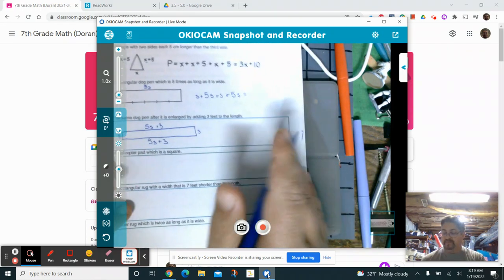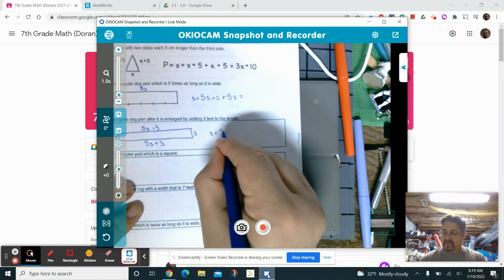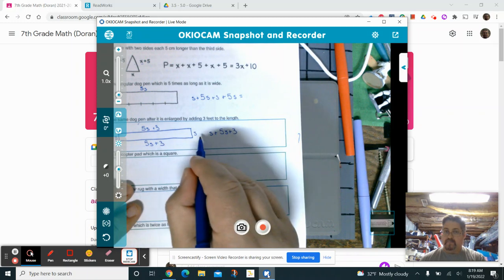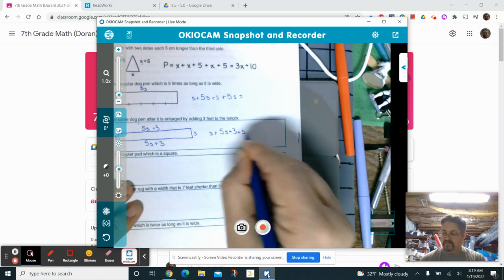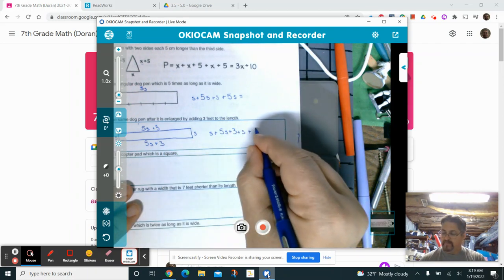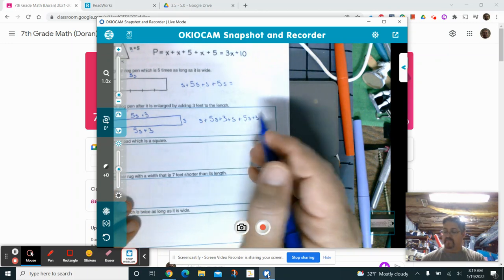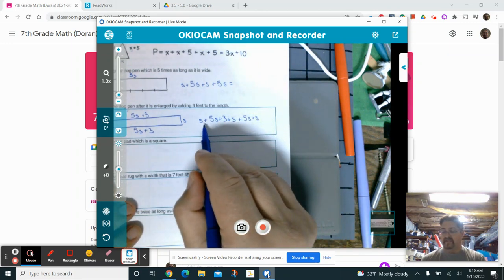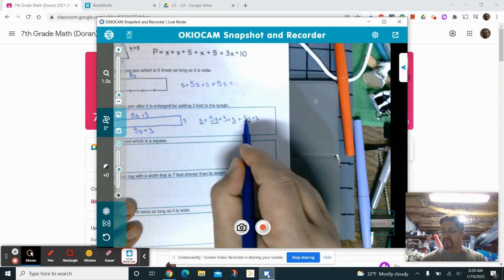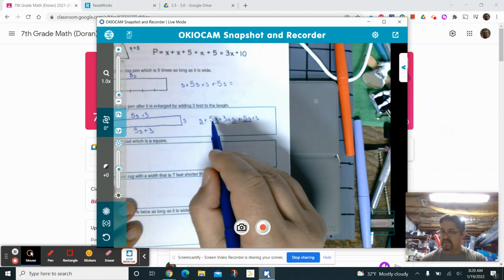Now when we add this up, we get S plus 5S plus 3 plus S plus 5S plus 3. Okay. When we go through, we just count up our S's, right? S, S, S, S. So we have 5 plus 5 gives us 10S.